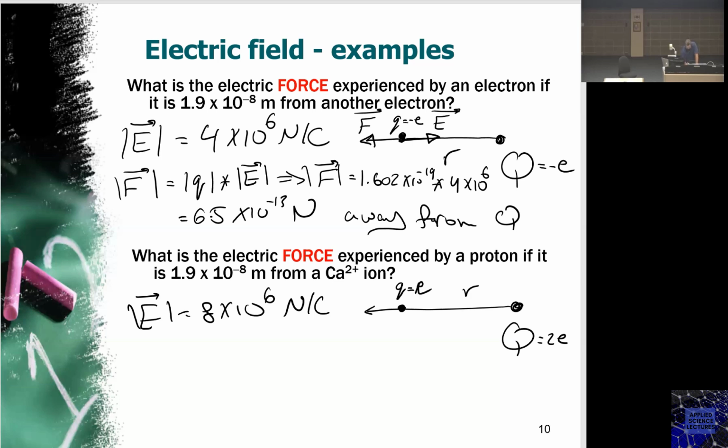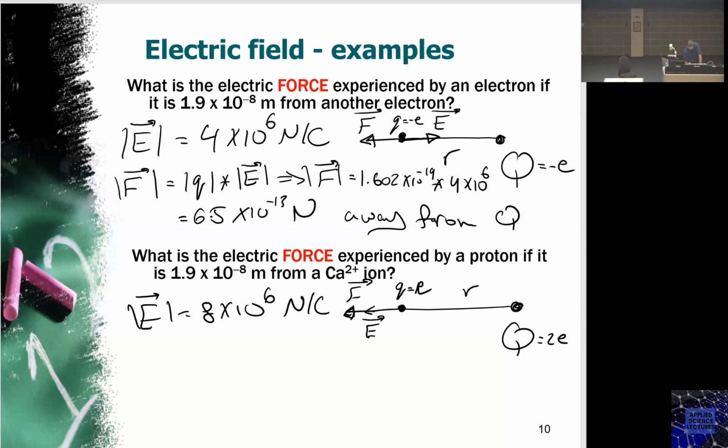The electric field is pointing away because my capital Q is positive, and my small letter q is also positive, so the force would be in the same direction as the electric field.